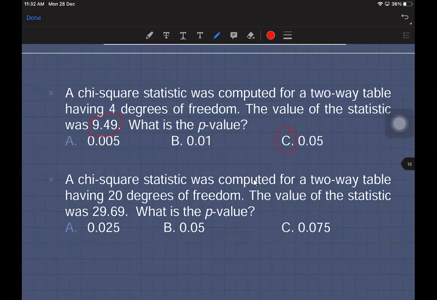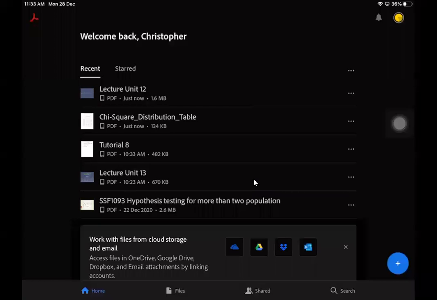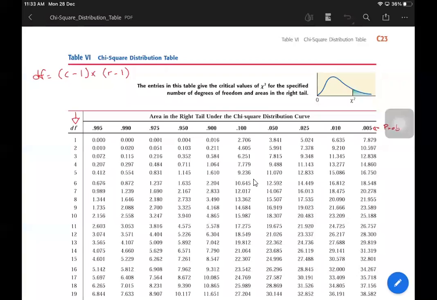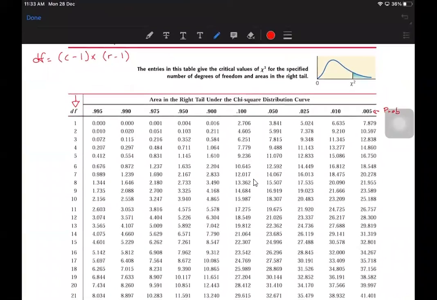Let's look at the second one. A chi-square statistic was computed for a two-way table having 20 degrees of freedom. The value of the statistic was 29.69. What is the p-value? We go to row 20, and 29.69 is somewhere in the middle here.